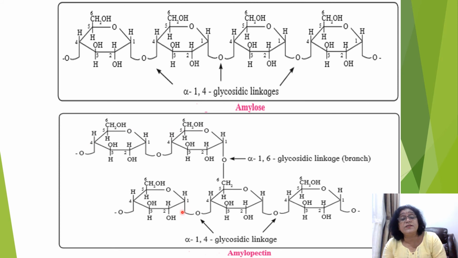So this is one chain, this is another chain, and between these chains there is a bond. So an alpha-1,6 glycosidic linkage is formed in amylopectin. So amylopectin contains two types of linkages, alpha-1,4 glycosidic linkage and alpha-1,6 glycosidic linkage.